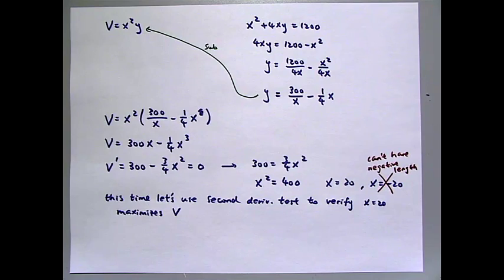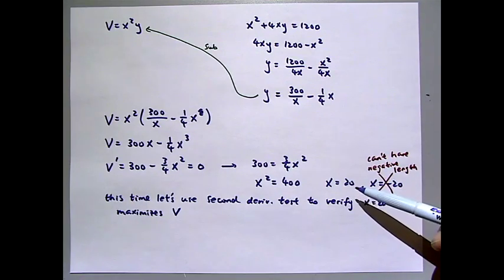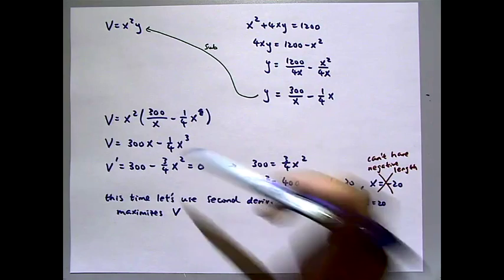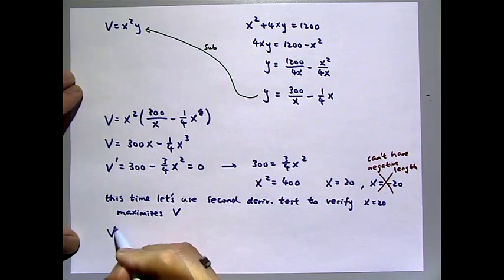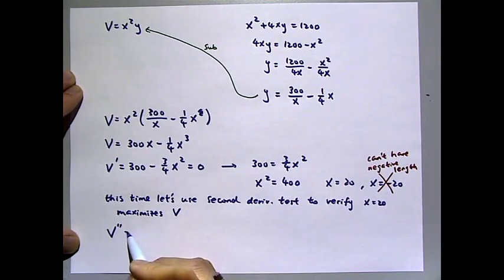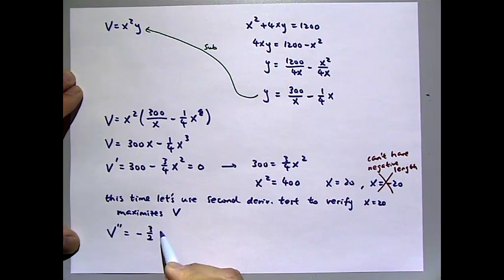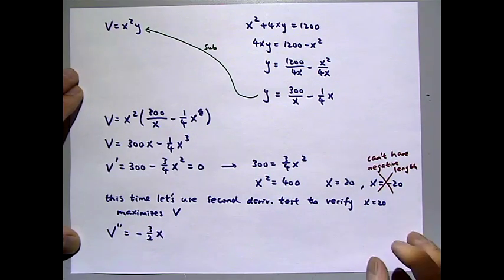Okay, how does that test work? Remember? Right, yeah, exactly. You take the second derivative, plug in your critical number, look at the sign of the second derivative. Let's see, second derivative is negative 3 over 2 x. Right?